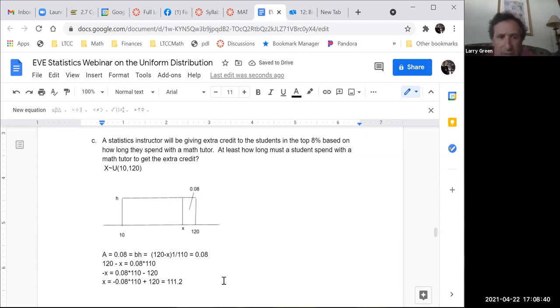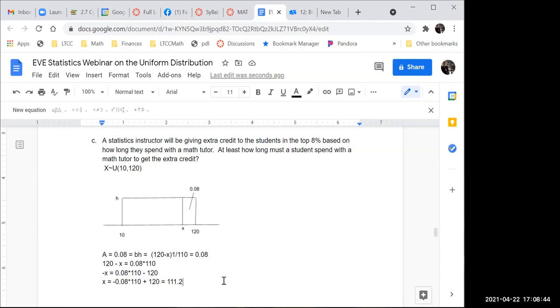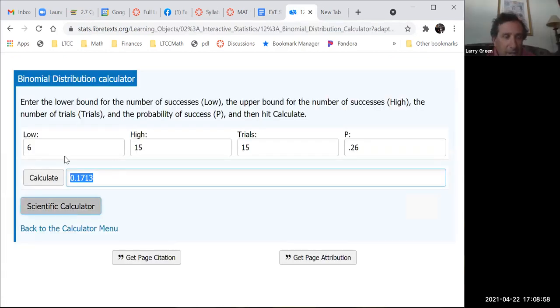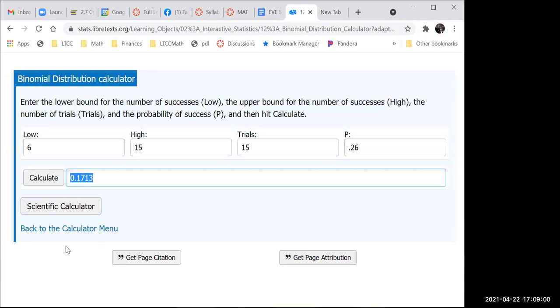Any questions on that? So on the exam, since you went to Google, what would we do on the test since we can't really use Google? So let me show you. You're going to have this kind of stuff, right? See, scientific calculator.